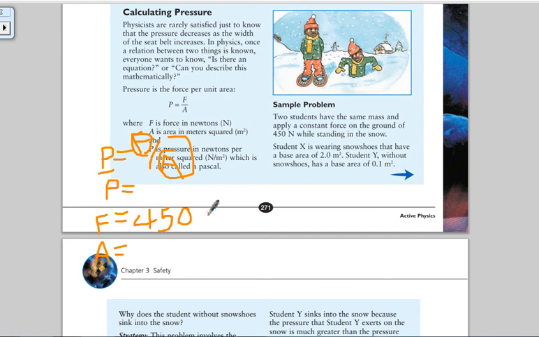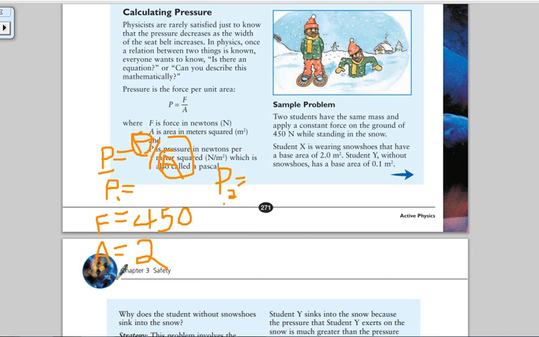Now, since they're talking about 2 students, it looks like we're actually going to compare the pressure of 2 different people. So we're going to go ahead and do pressure 1 and pressure 2. So student X is wearing snowshoes that have a base area of 2 meters squared. So here we go.